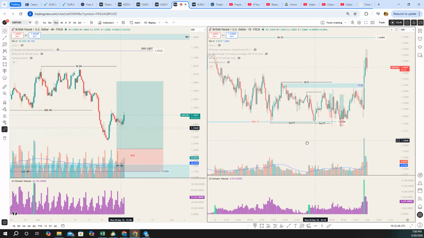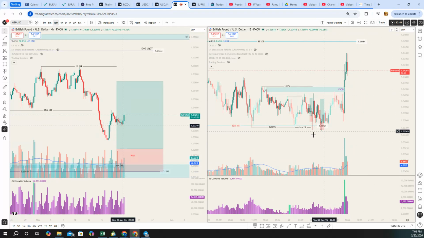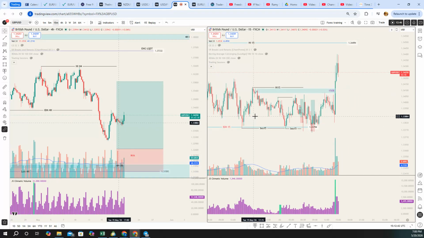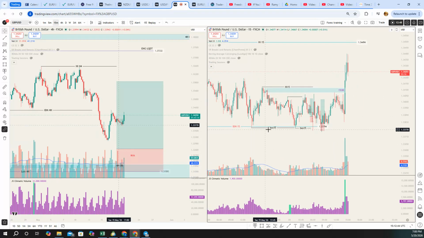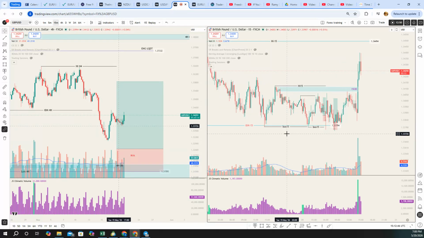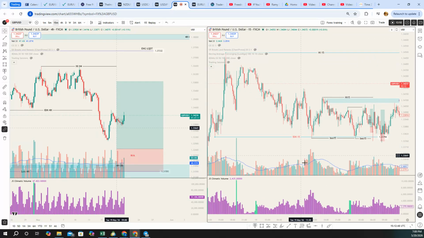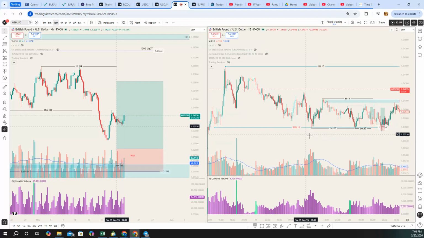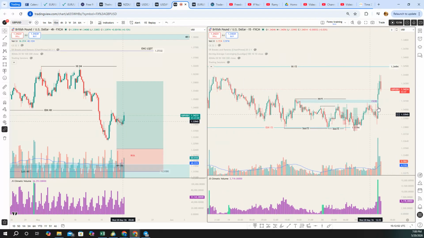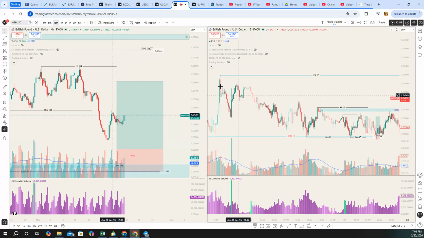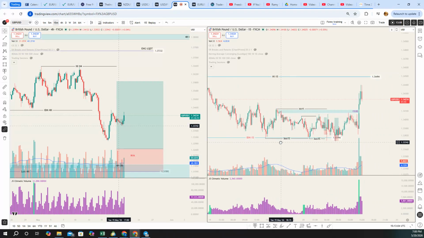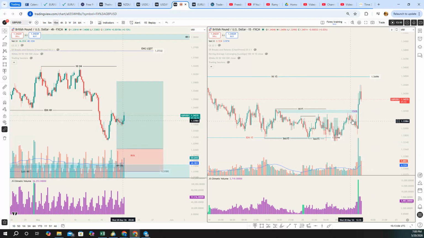So in the internal structure here, we find that the breaks of structure were bearish. It caught the inducement and it was reacting upward. So this bearish internal structure is because the price was going down to get the inducement of the 15-minute structure and will go into reaction.